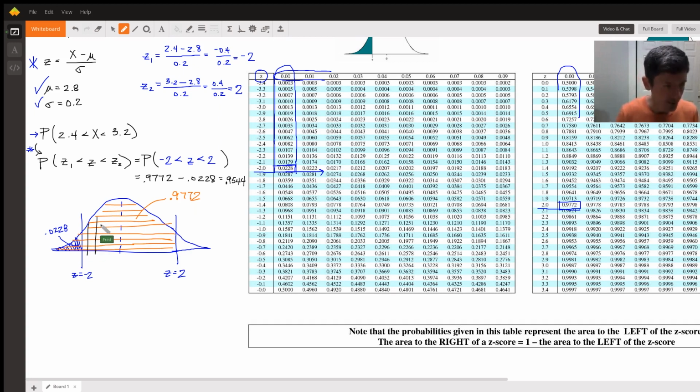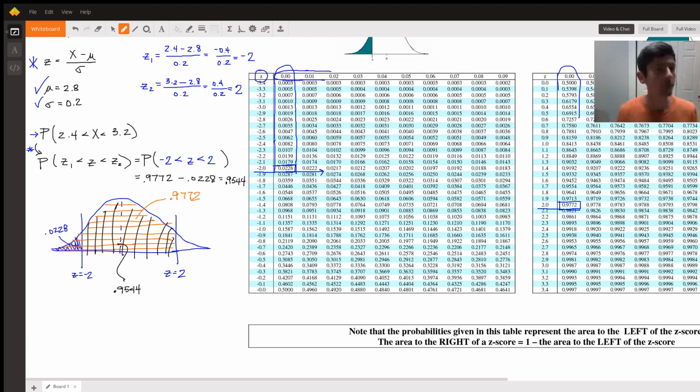So we have found this area to have probability 0.9544.